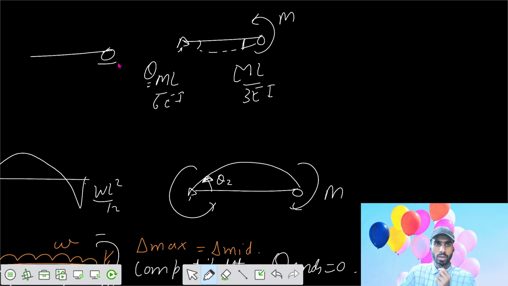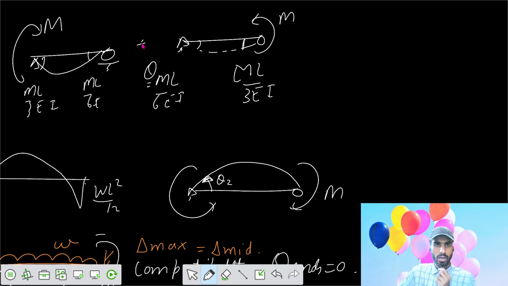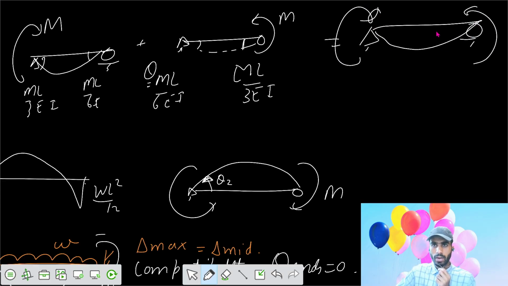Similarly, if you have a simply supported beam and moment is applied on one of the supports, theta near is ML by 3 EI, and here theta far is ML by 6 EI. If you add the two, you can get the effect of this one. So theta 1 plus theta 2 is ML by 3 EI plus ML by 6 EI.